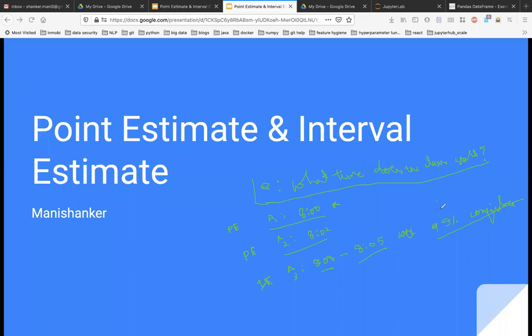And what does this mean? When you give this answer, let's say there are 100 classes, 95 times my starting time is between this interval.